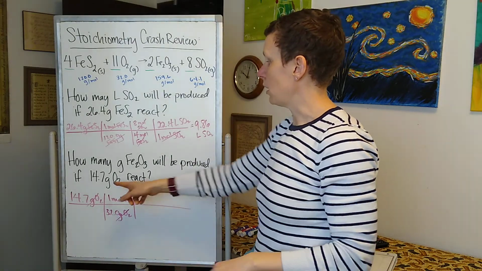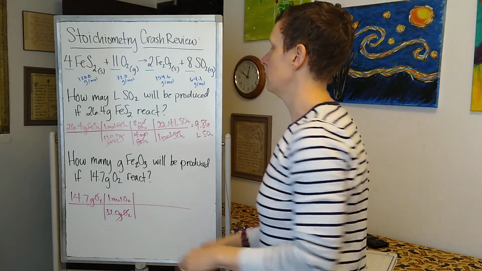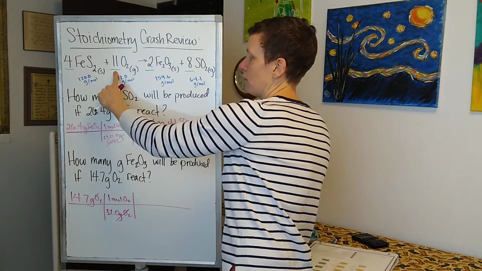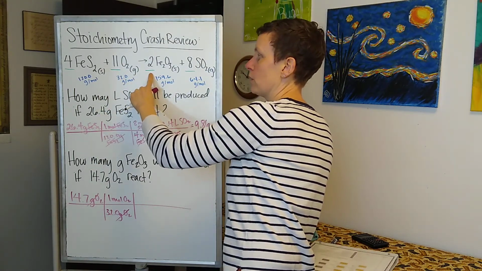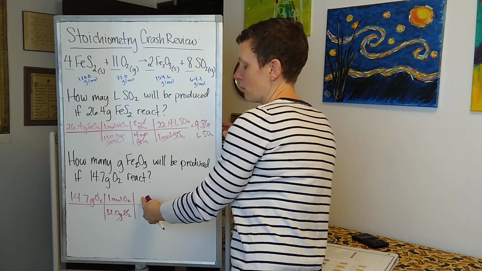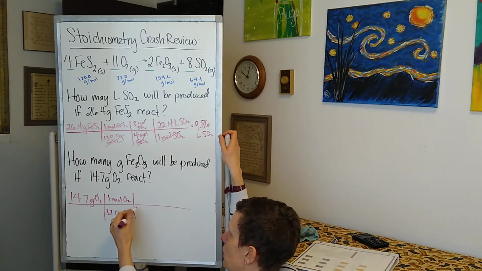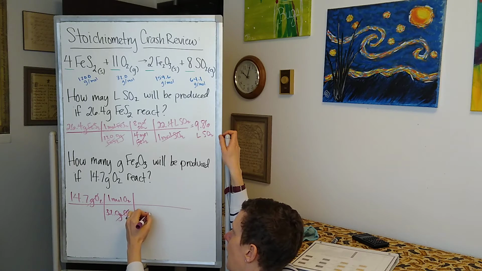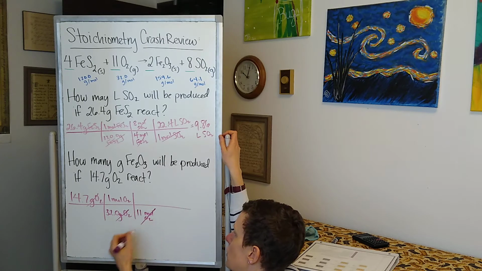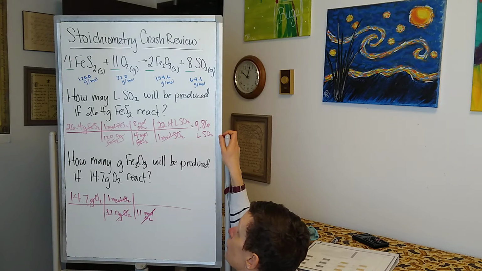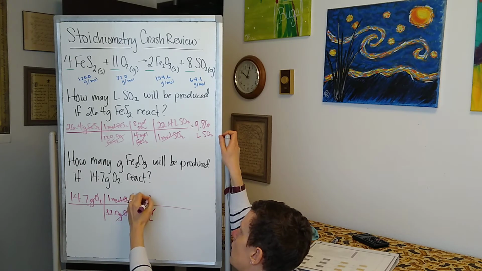Well, what do I care about here? Oxygen and iron oxide. My mole ratio, 11 moles of oxygen for every 2 moles of iron oxide. And we want them arranged so that we get some cancellation. Moles of oxygen is here, so I want moles of oxygen to be on the bottom to cancel out. So 11 moles of oxygen for every 2 moles of Fe2O3.